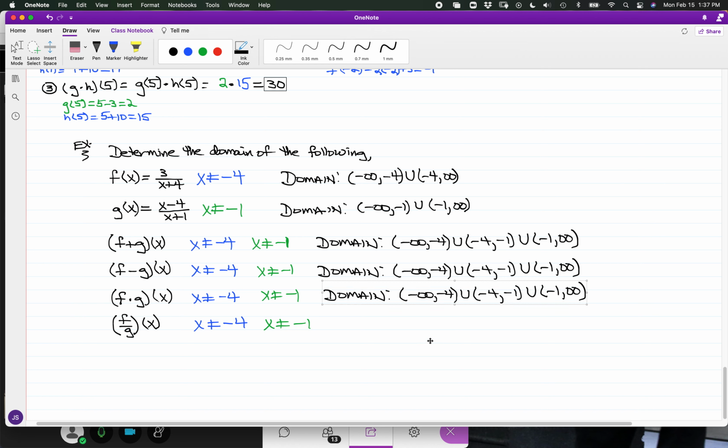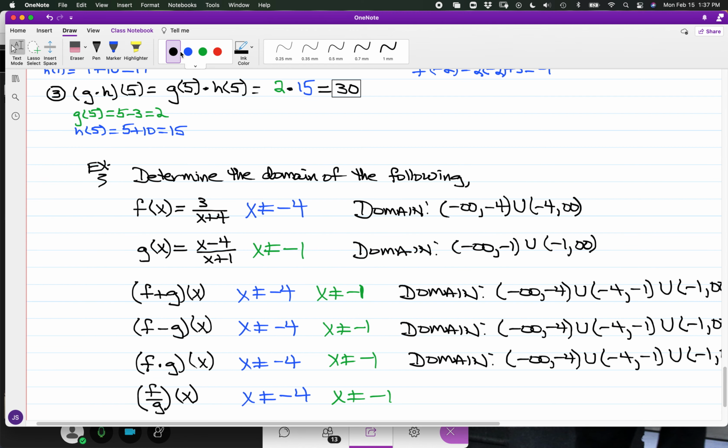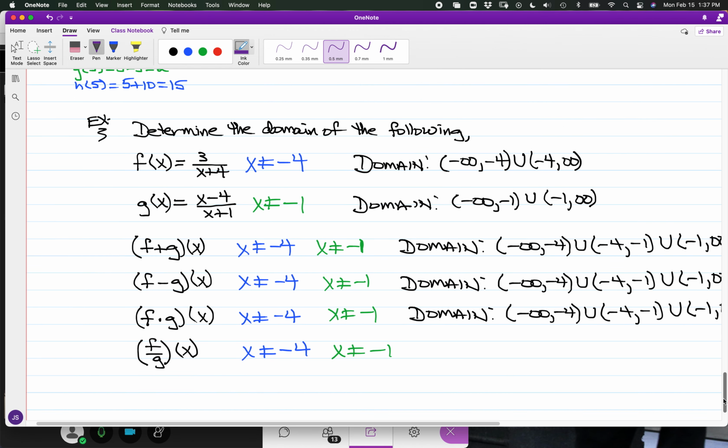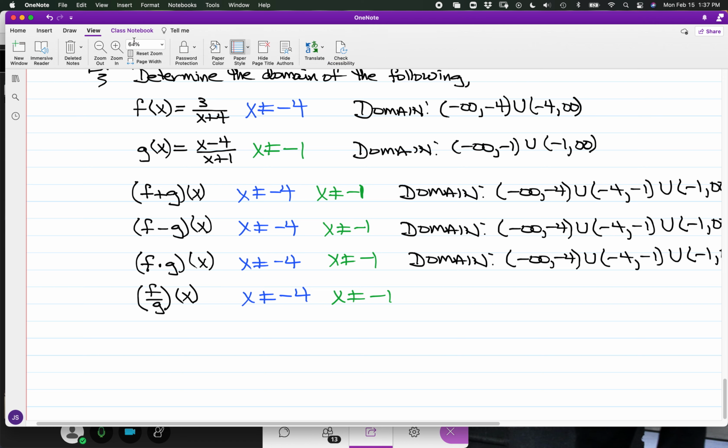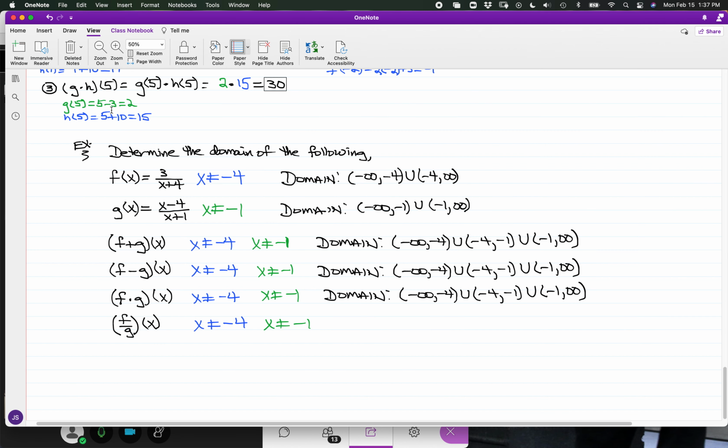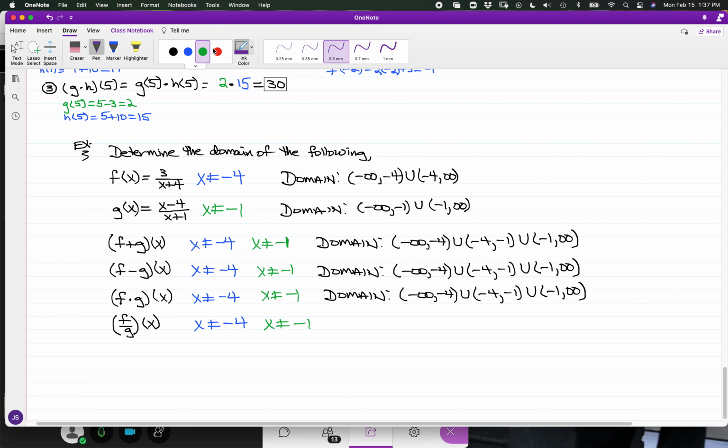Now, for the quotient function, we may or may not have the same domain. So in looking at this particular setup, for f over g of x, we have f of x over g of x.